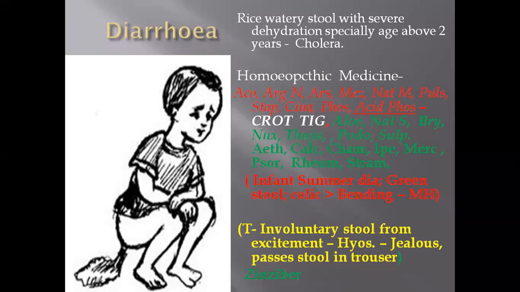Baby had passed stool 18 to 20 times since morning, but you are observing that the baby is playing in your clinic. That is the simple example of non-debilitating diarrhea, the most important symptom of acid phos.